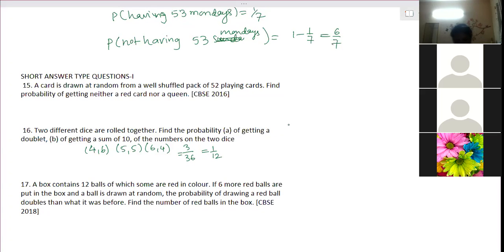Then the fourth question, over there it's taken as all 6. An even prime number? Even prime number is only 2, and that is only one number. So 1 by 6 is that outcome probability.